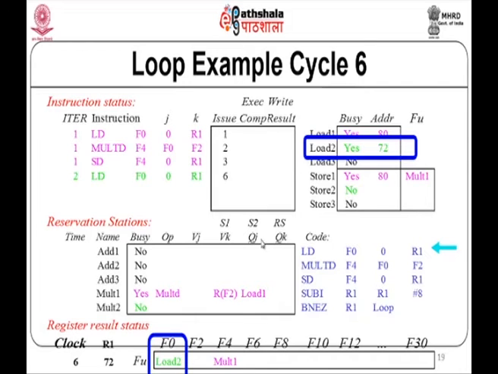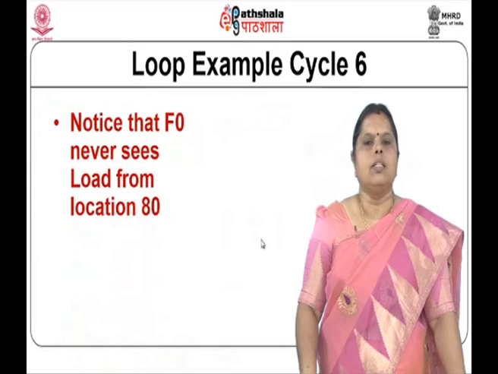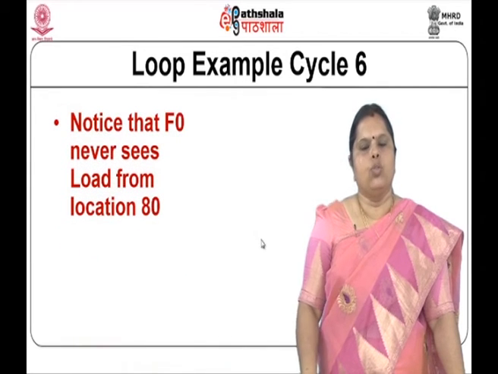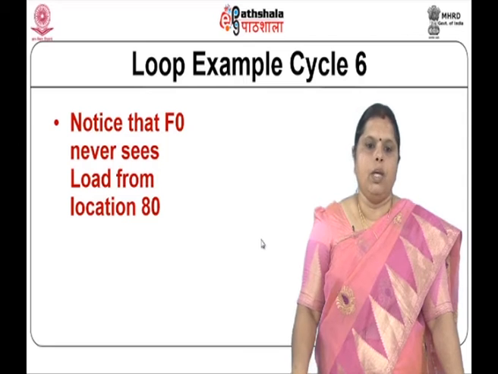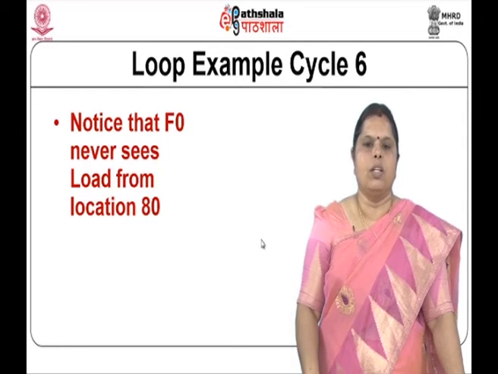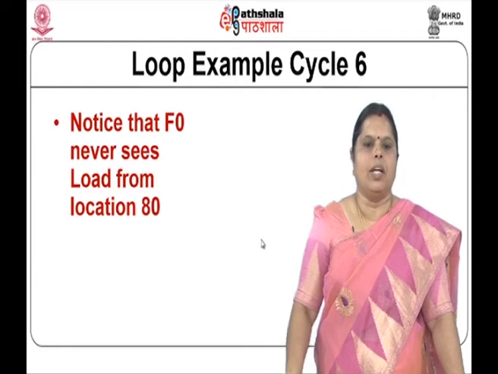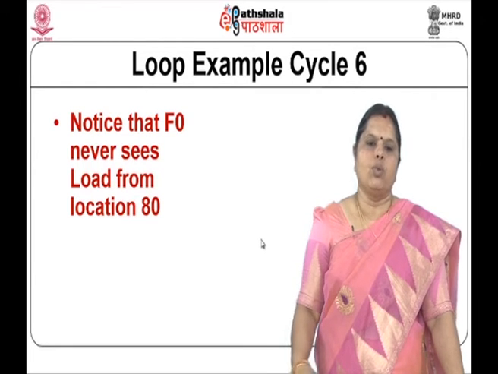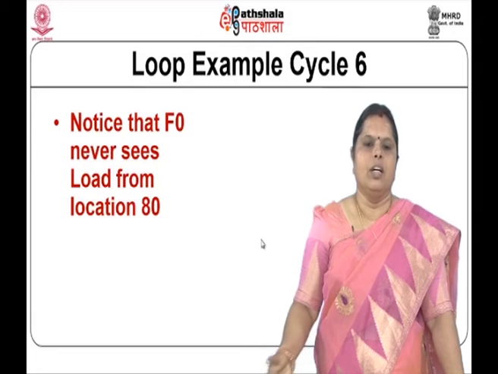Although both instructions have the same output register, once the later of the 2 instructions is issued, we indicate that F0 is to be written by your load 2 instruction now. That is an important observation to make. F0 never sees the data that has been loaded by the load 1 instruction of the first iteration, that is from location 80. Now F0 is to get the data from memory location 72.